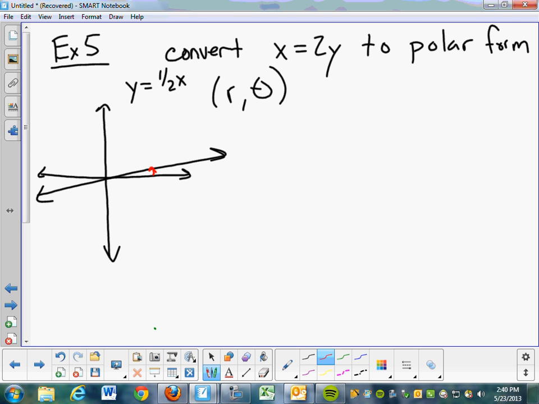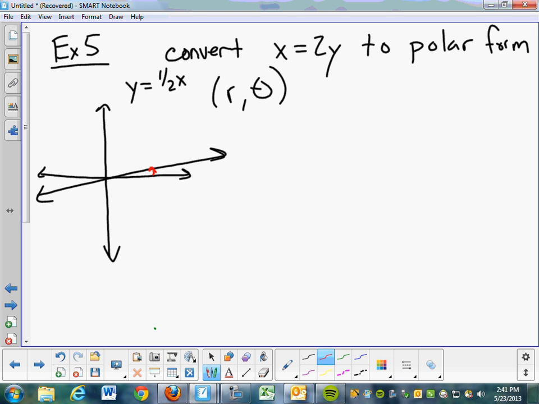So theta is what's going to describe this. We don't care what the radius is. The radius could be absolutely any value. It could be 10, then we'd have a point out here. It could be -5, we'd have a point back here. We just need to know this angle. So instead of having an r value and a theta value, all we need is really a theta value. Let's see if we can come up with it.